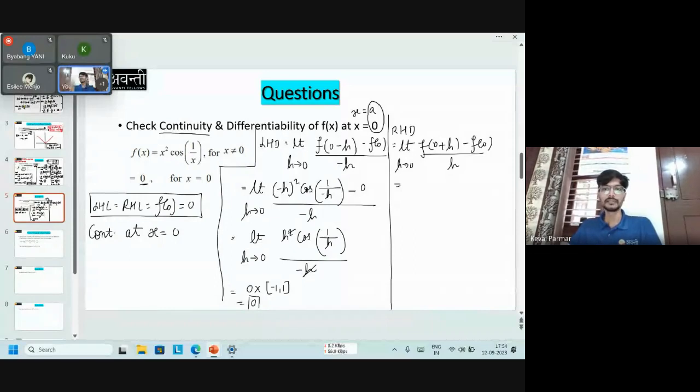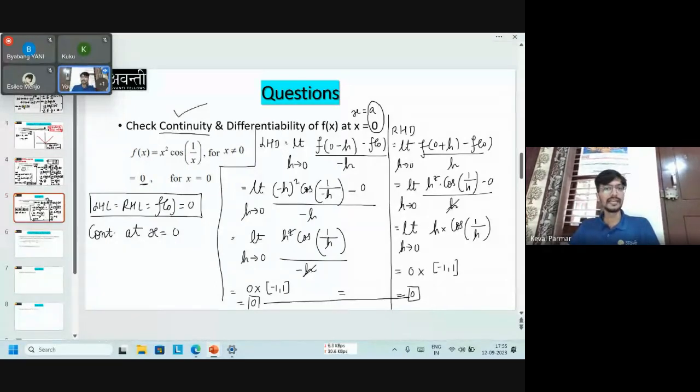Here again, one power will get cancelled and I will be left with limit h tends to 0, h into cos of 1 upon h. Again, this is not an indeterminate form. This is 0 into a value between minus 1 and 1, which is equal to 0. Superb. So LHD equals RHD. That means the function is continuous as well as differentiable at x equal to 0.